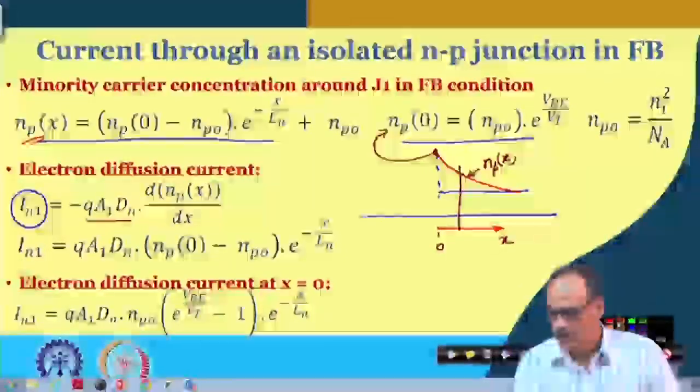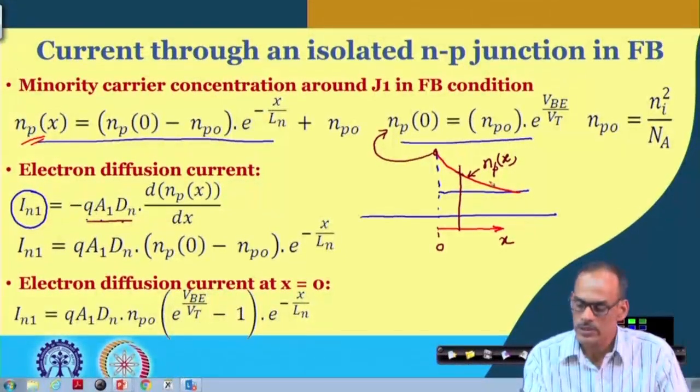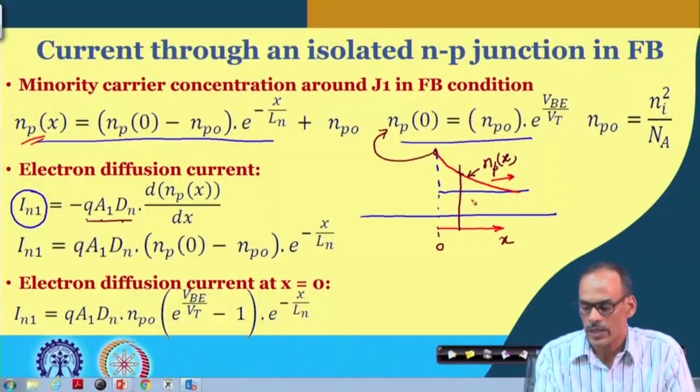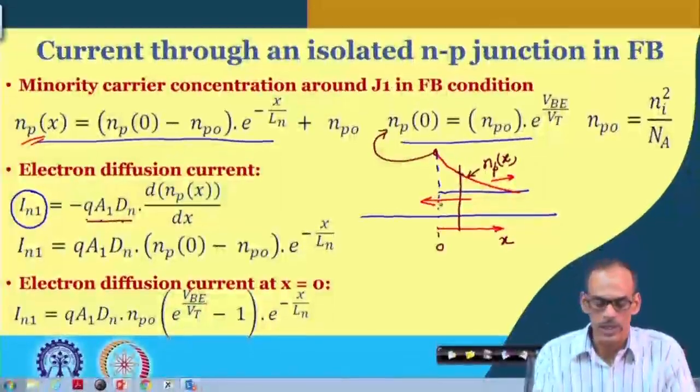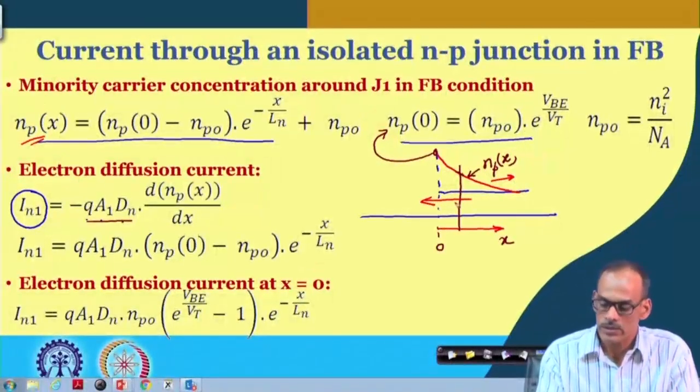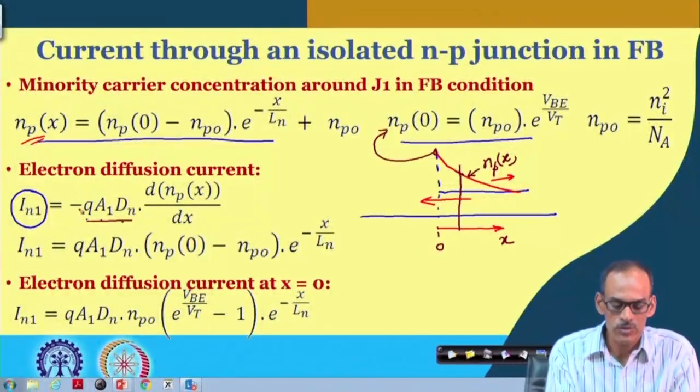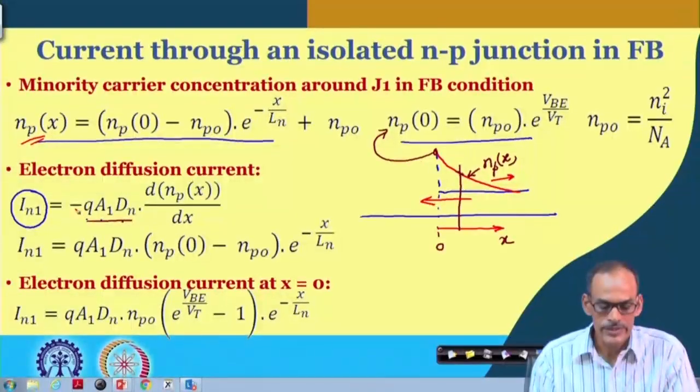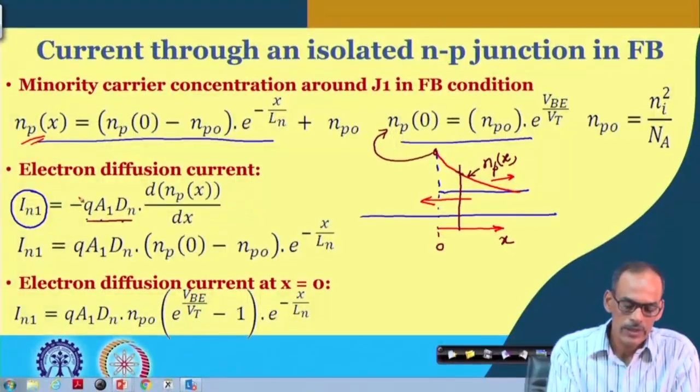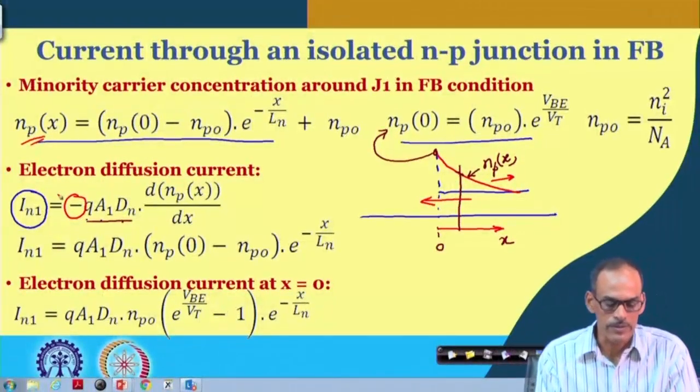But of course, since the electrons are moving in this direction, the corresponding current will be right to left, and that comes from the minus sign, because the electrons have negative charge.